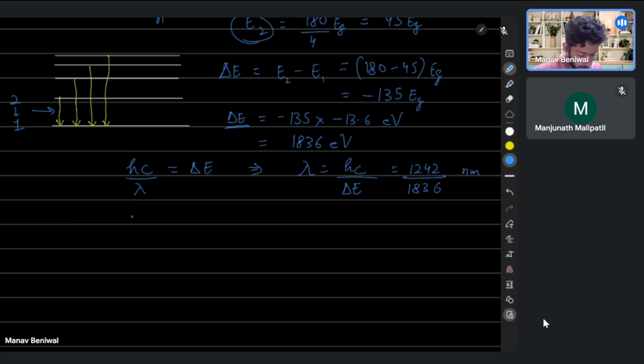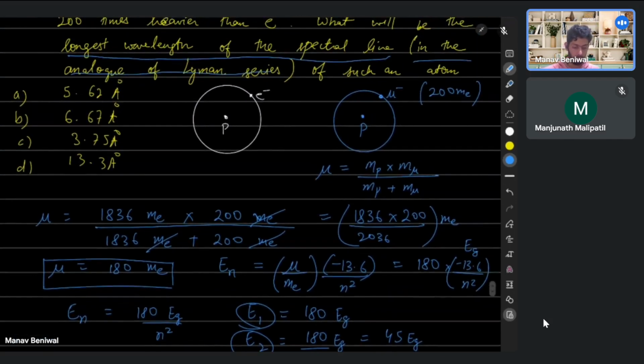If we solve this, we get lambda as 0.667 nanometers, or in angstroms 6.67 angstroms, which matches option B.